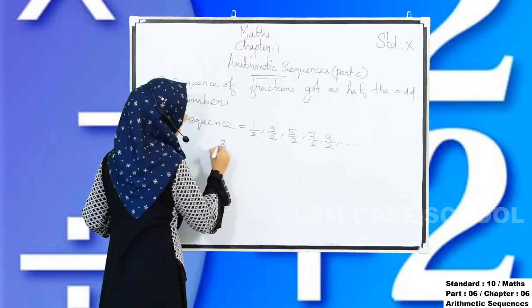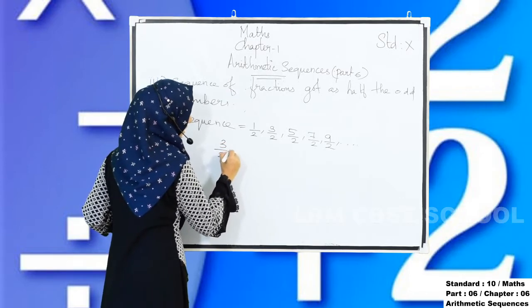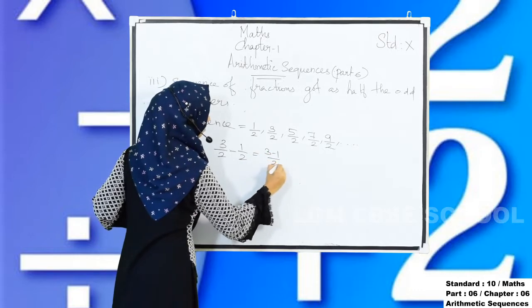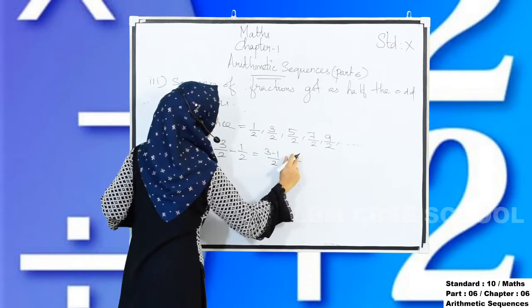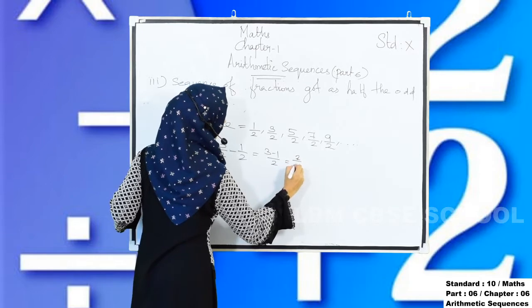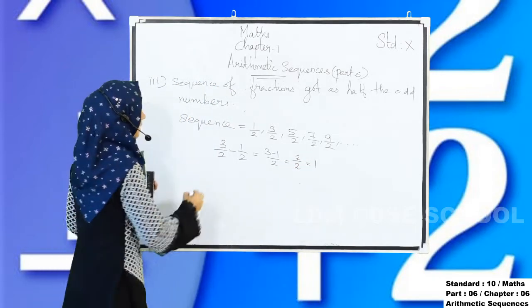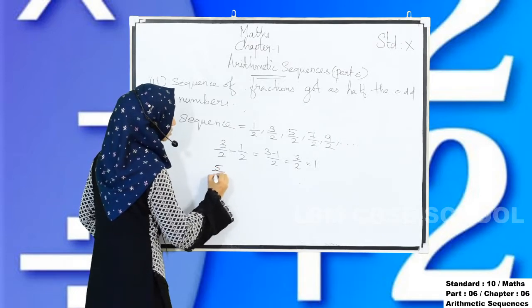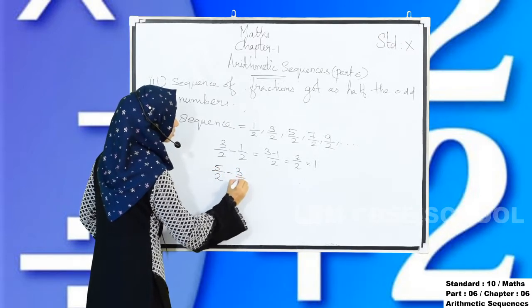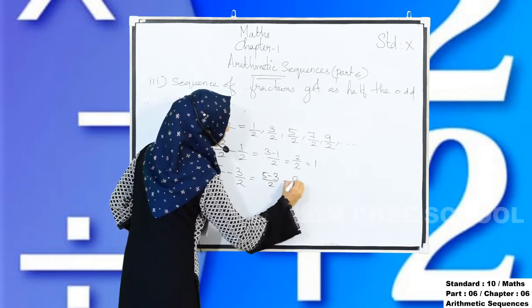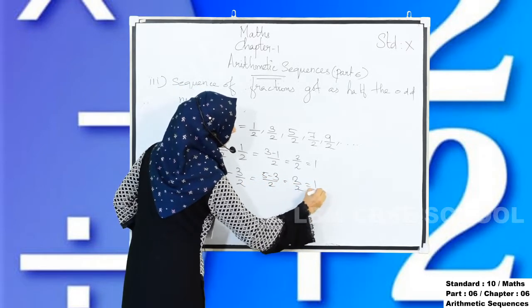So 3/2 minus 1/2 means 3 minus 1 over 2. That is 2/2. That is 1. Isn't it? Then 5/2 minus 3/2 means 5 minus 3 over 2. That is 2/2. That was also 1.